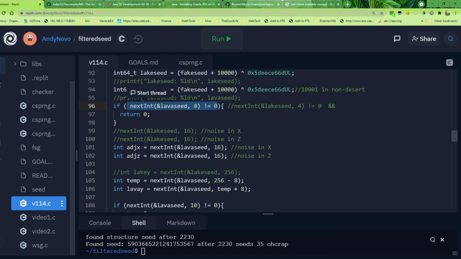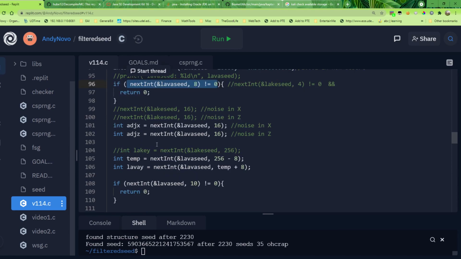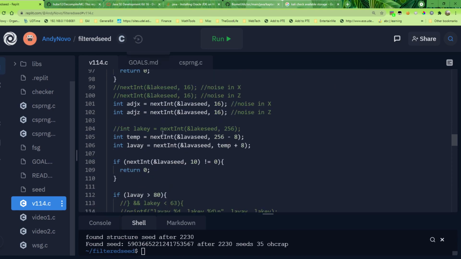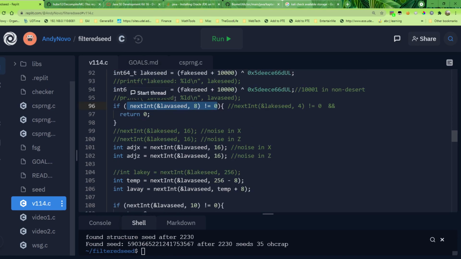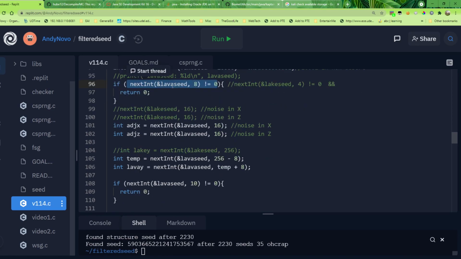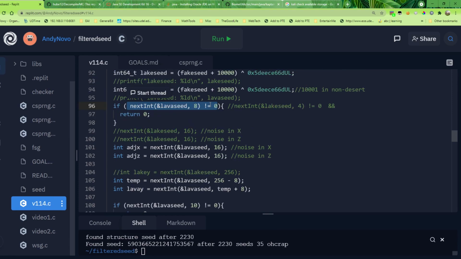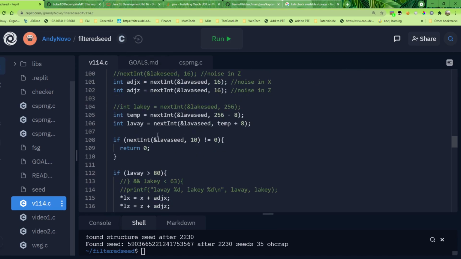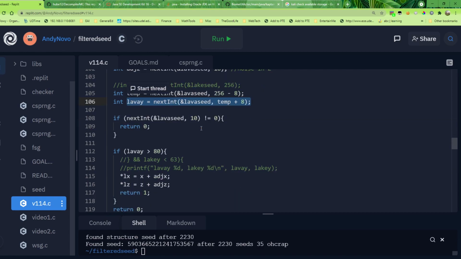Right. Now, when I put in that 1, I have 1, 2, 3, 4, 5, 6 next ints to check thereafter. So only that first one will they be about the same. Right. And I'm thinking that these other ones are just adjustments, and maybe like a lava height. The lava height is really important.